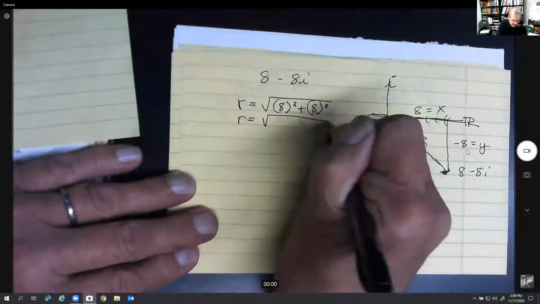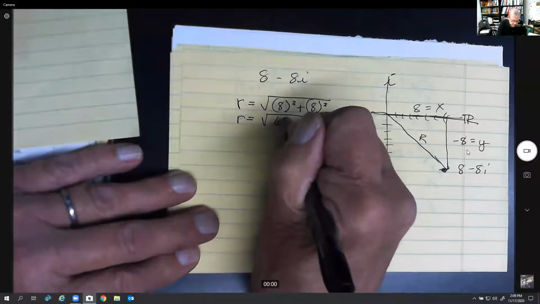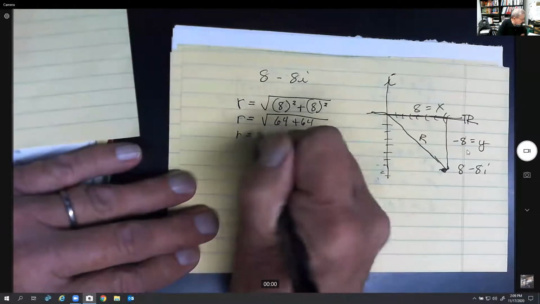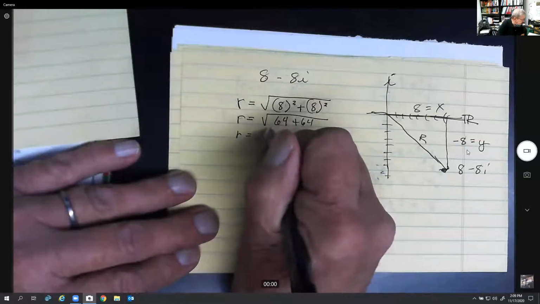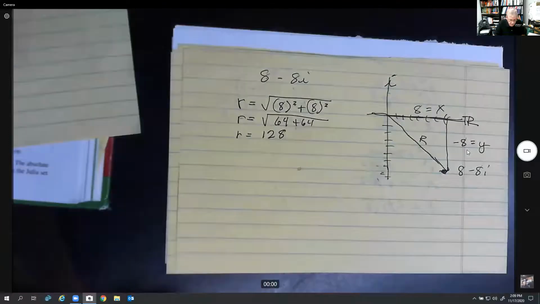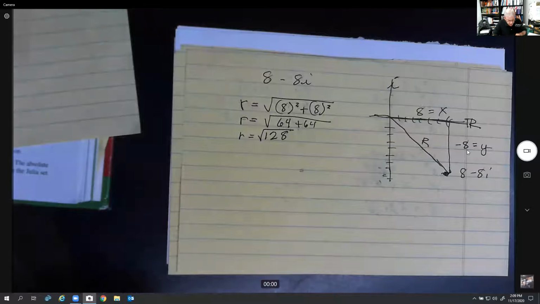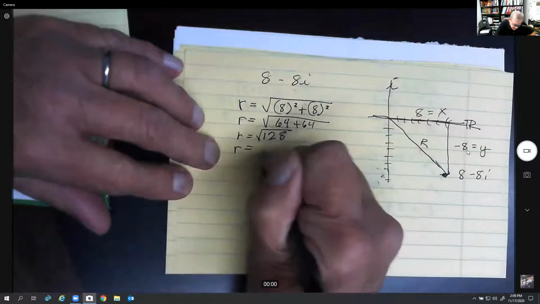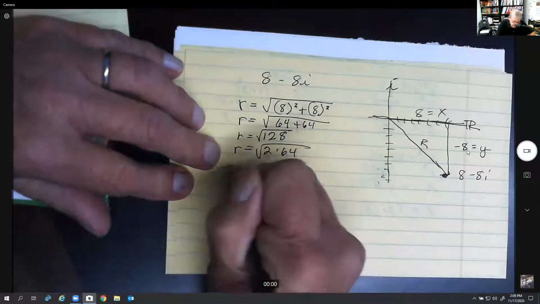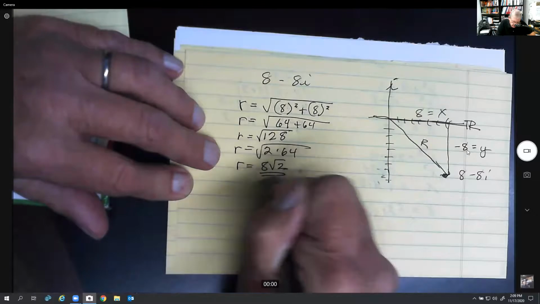So the radius is the square root of 64 plus 64. Radius is the square root of 128, isn't it? Well, if we broke that down, that would be 64 times 2. So that would be 8 radical 2. So there's our radius.